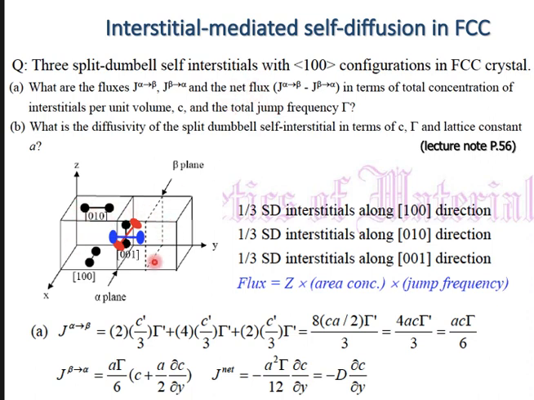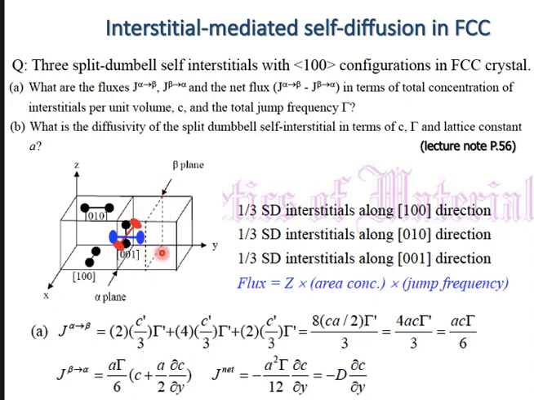So we need to identify the alpha plane and beta plane. To me, I will identify the alpha plane as the plane where we put the split dumbbell. So we put the split dumbbell at this plane, right? So we call this the alpha plane.